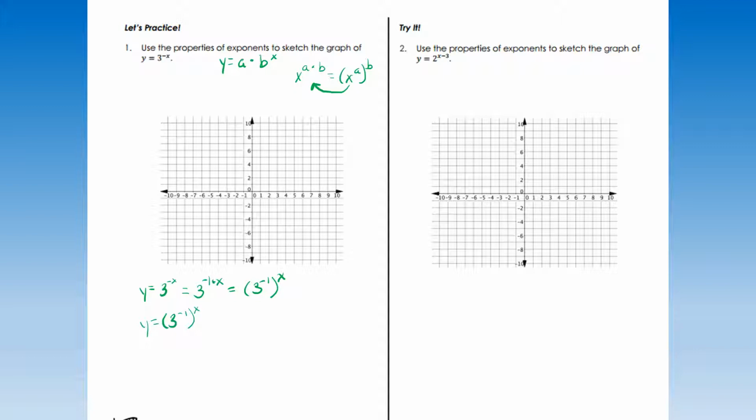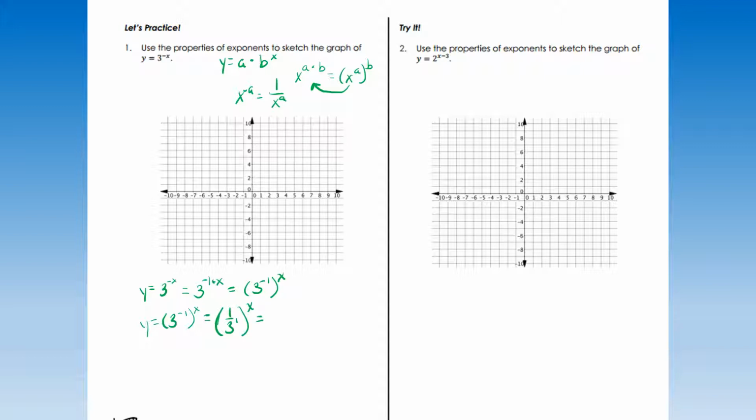Let's take one more rule. What do we know about negative exponents? Negative exponents become positive when I flip it or create the reciprocal of that expression. So x to the negative a becomes positive if I put it 1 over x to the a power. So 3 to the negative first is the same thing as 1 over 3 to the first to the x power.